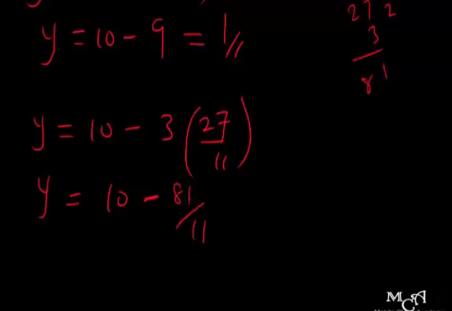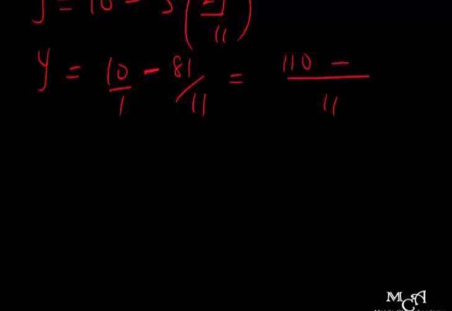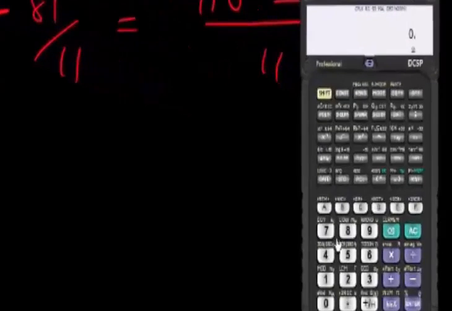So at this point, you now look for what? This is the same thing as 10 over 1. So the LCM is 11. 1 in 11 is 11. 11 times 10 is what? That's 110, minus 11 in 11 is what? 1. 1 times 81 is what? 81. So 110 minus 81 will give us what?